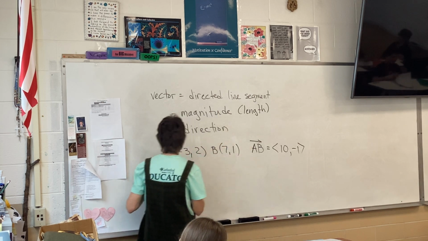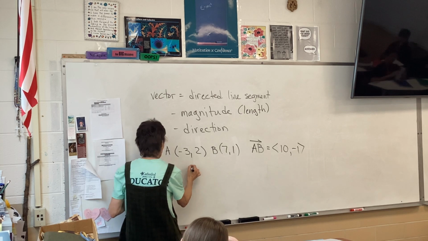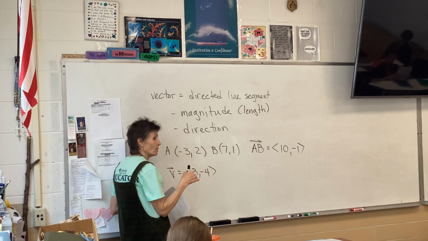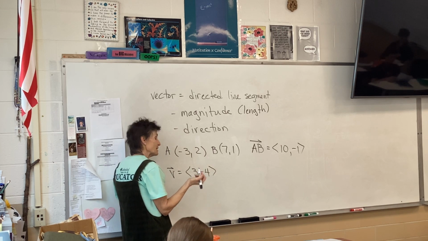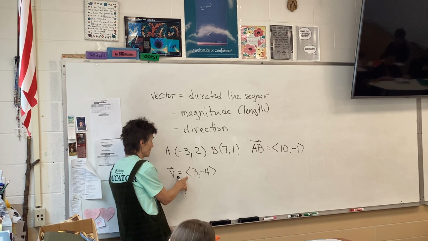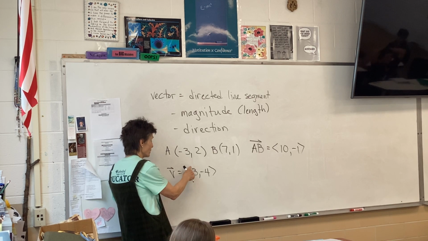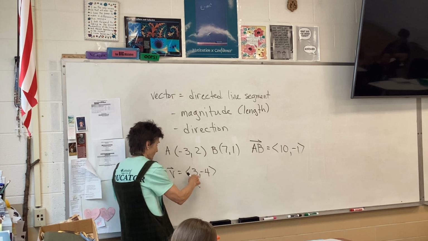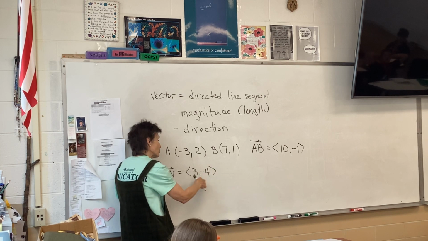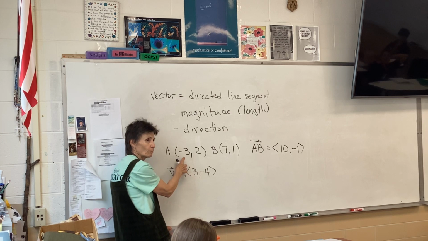Now we have a couple of vectors. And this is done differently in different textbooks and by different teachers. In the AP materials, vectors are denoted with these things, like greater thans and less thans. And I think they do that to distinguish it from an ordered pair.